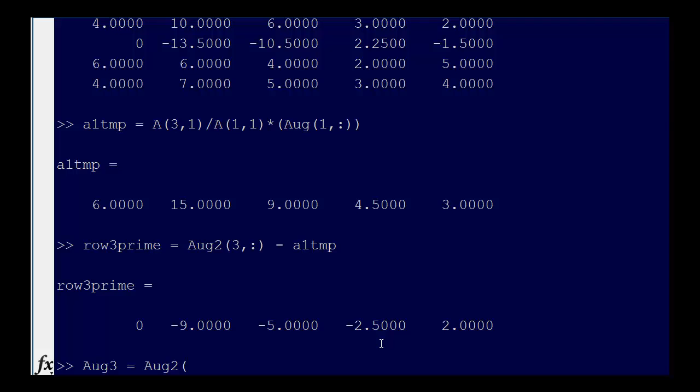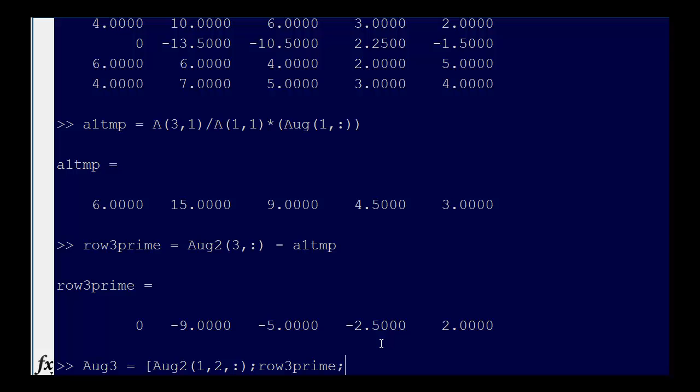And so then we say aug3 equals aug2, and we want the first row, the second row, and then we want row 3 prime, and since we're doing rows, we need semicolons here.